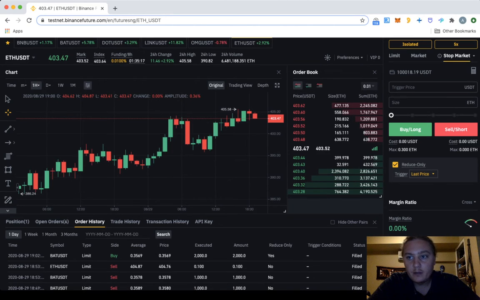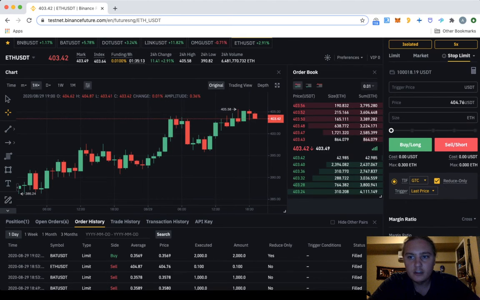So the one I personally prefer, I'm not a big fan of market orders, so I personally prefer a stop limit. And this lets you set a trigger price, and then a price that you're actually comfortable with taking.